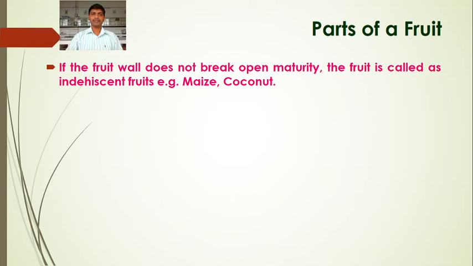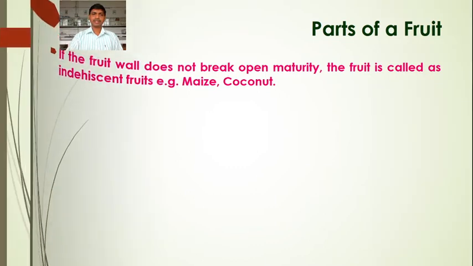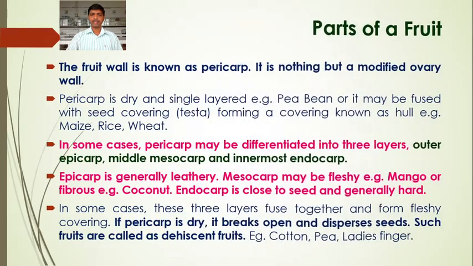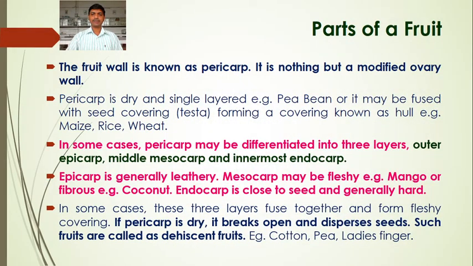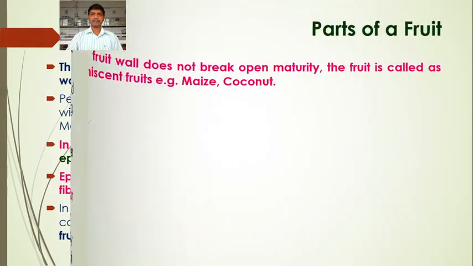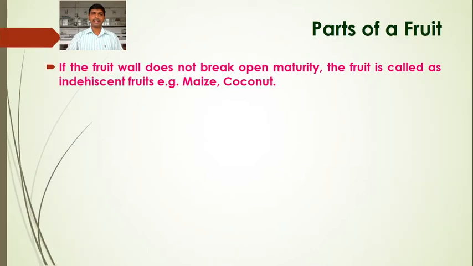For example, maize, coconut. So what is the difference between dehiscent fruits and indehiscent fruits? In case of dehiscent fruit, the pericarp, that is the fruit wall, is dry, it breaks open and disperses seeds. So these are dehiscent fruits. While in case of indehiscent fruit, the fruit wall or pericarp does not break open at maturity.